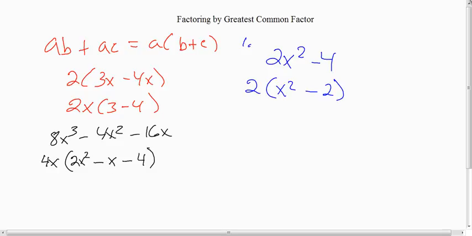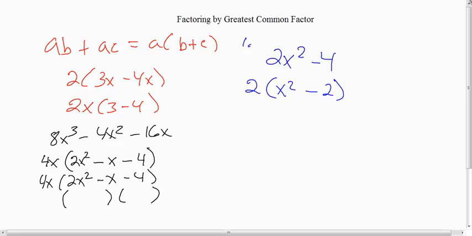Okay, so let's think about this. Let's put our 4x back, and inside we'll have 2x squared minus x minus 4, close our parentheses. Remember, when we factor, we factor into binomials, so we put our 2 parentheses and look at our last term, minus 4.